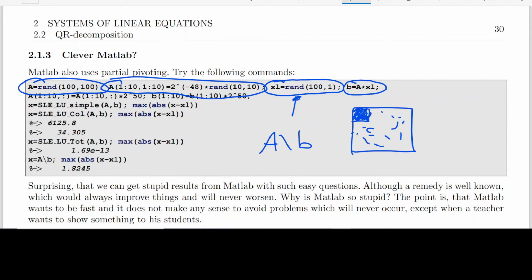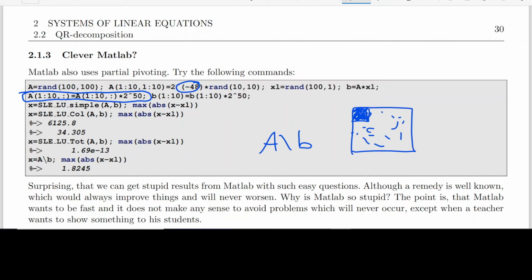And now we know the solution XL, and now let's find out what our algorithm gives us. Okay, and before doing so, we multiply the first 10 lines of the coefficient matrix with a large number, which compensates for that.